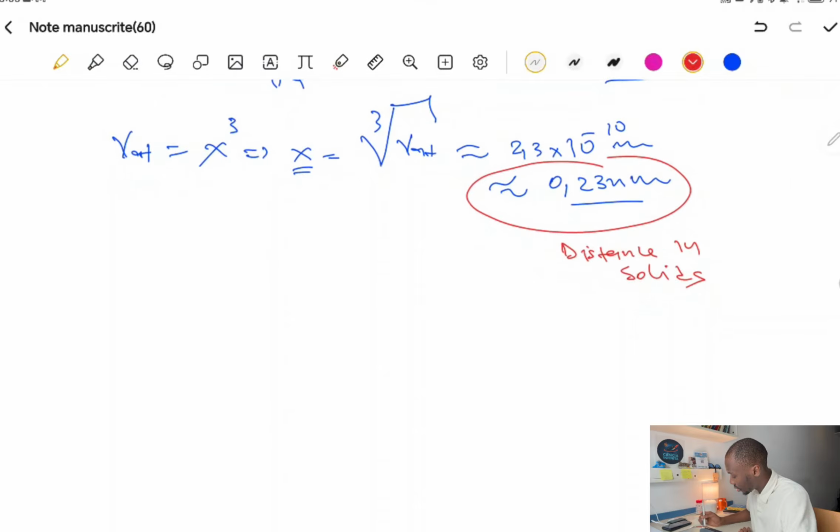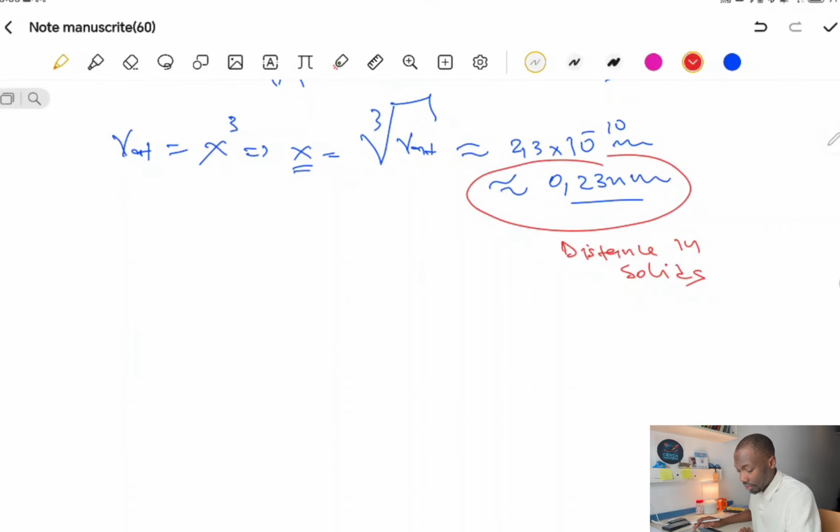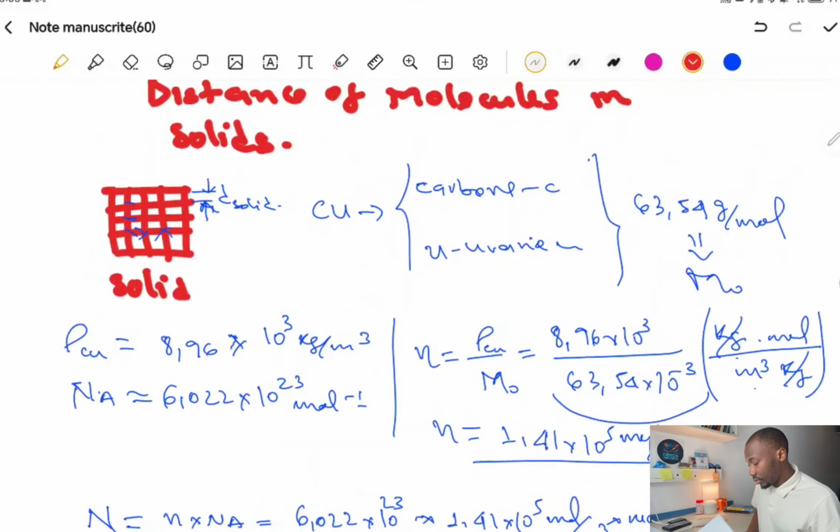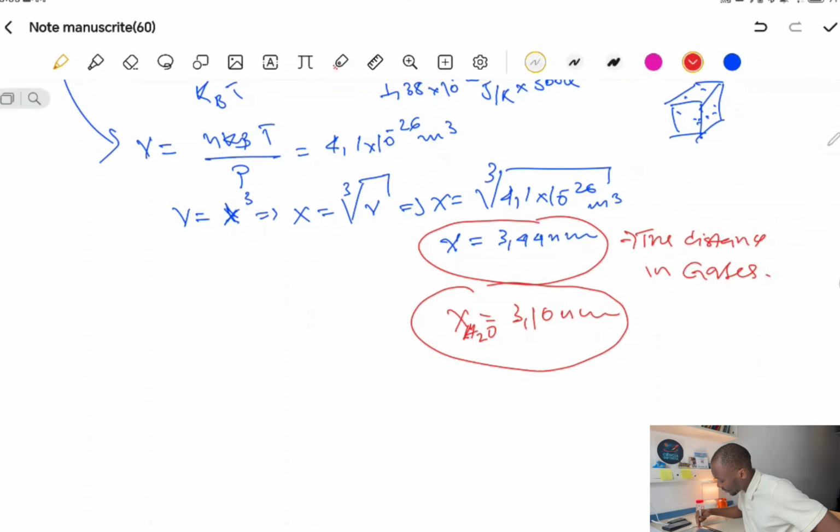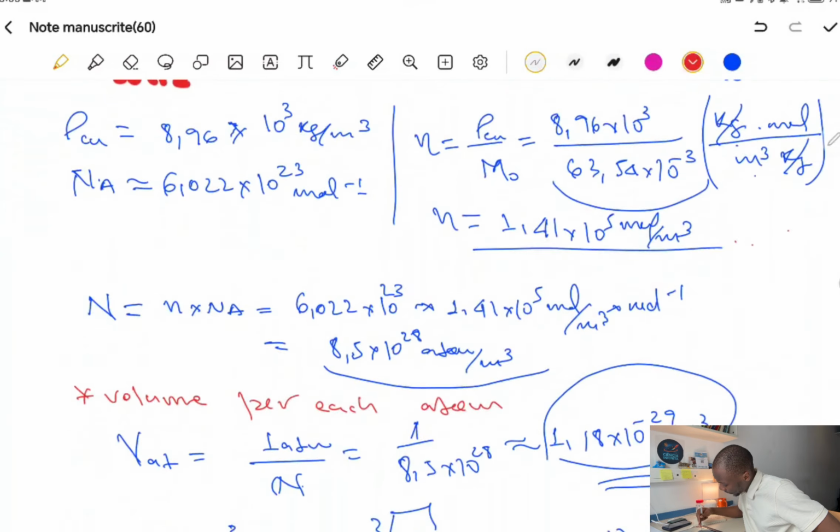So that's the distance in solids. We've seen, as a quick summary with the previous video as well, that in water the distance is equivalent to, actually I think we can find here, 310 nanometers.